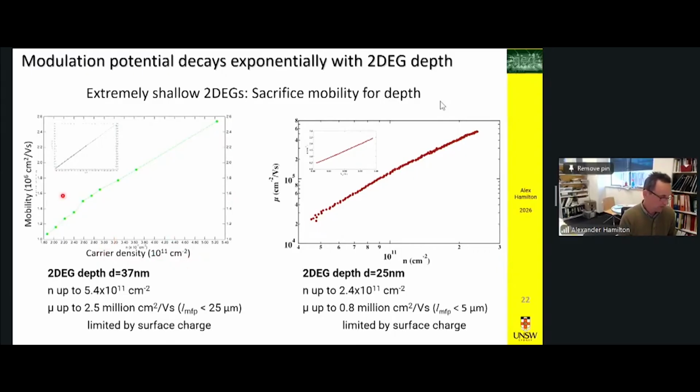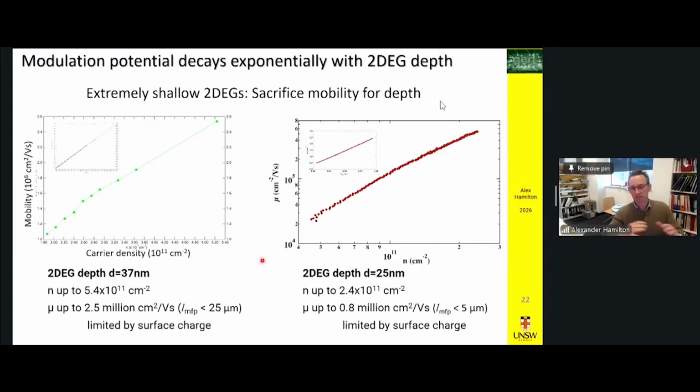These numbers are a bit difficult to see, but at a depth of nearly 40 nanometers, the peak mobility is about 2.5 million, which is not particularly high for gallium arsenide. Peak mobilities of 25 million are common in gallium arsenide. So we've sacrificed mobility to bring the two-dimensional electron system as close as possible to the surface of the wafer. And if we go even shallower, the mobility gets even lower.